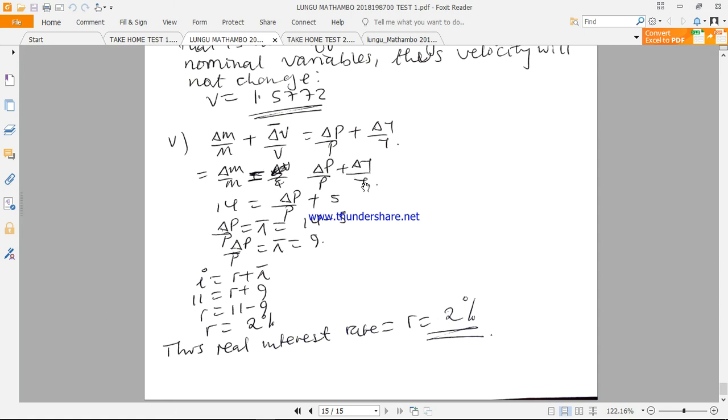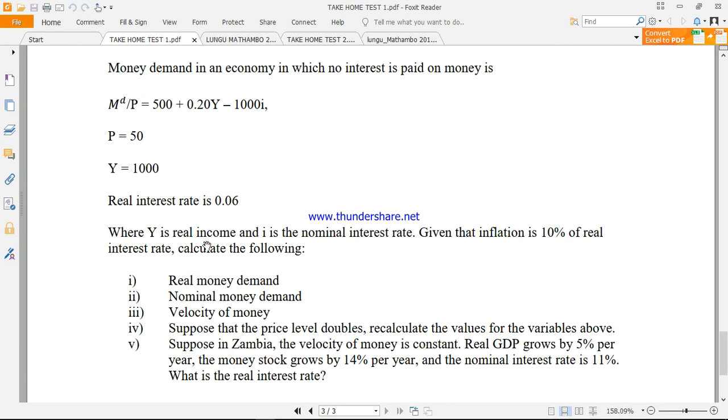So the percentage change in money supply is equal to the percentage change in the price level plus the percentage change in output. And they're saying that real GDP is growing at 5%.